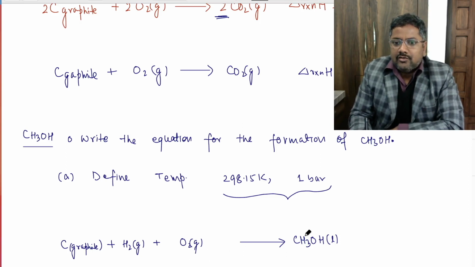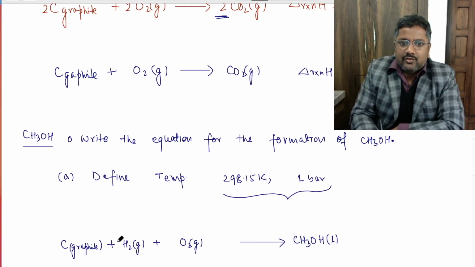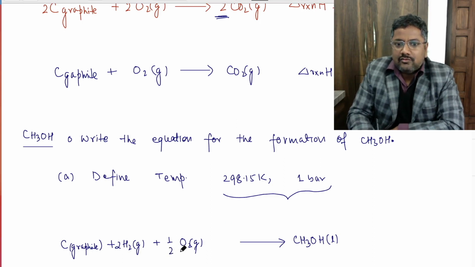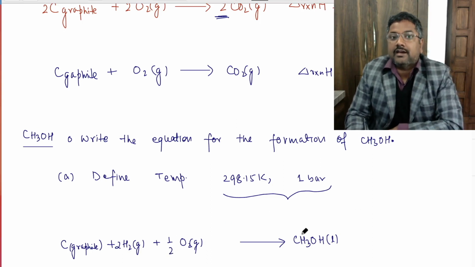And now you are not allowed to put 2 moles or 3 moles. So balance the equation: 1 carbon, 2 hydrogen, and 1/2 O2.